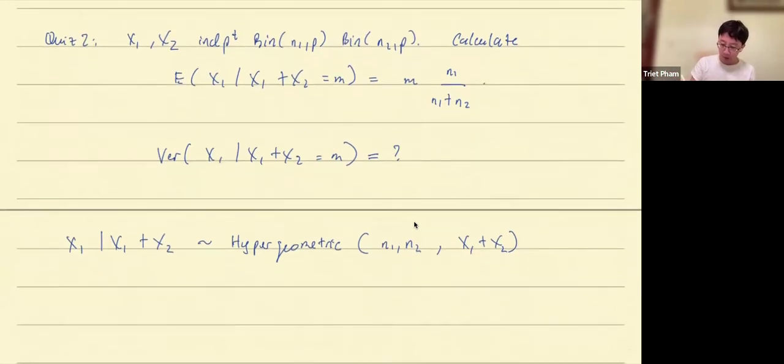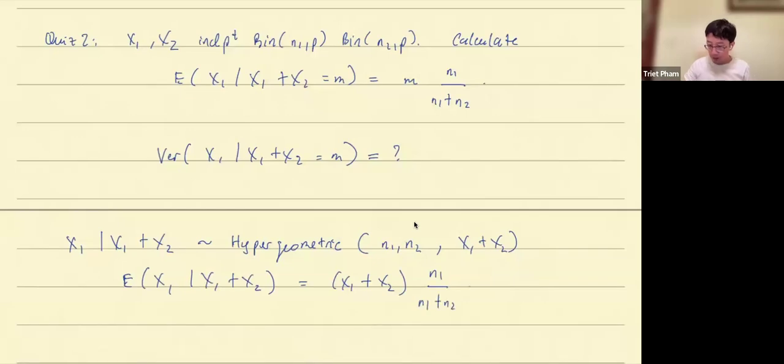But for example, one consequence is when we look at conditional expectation, again, dropping the particular value of M, then this will be x1 plus x2 times this. All right.